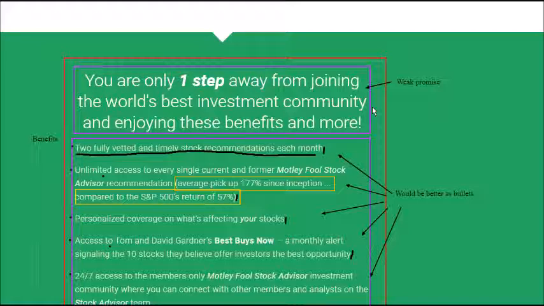Once you become a member, you'll officially be part of the world's best investment community, mingling with the top investors today, and enjoying benefits like. Okay, that was better.